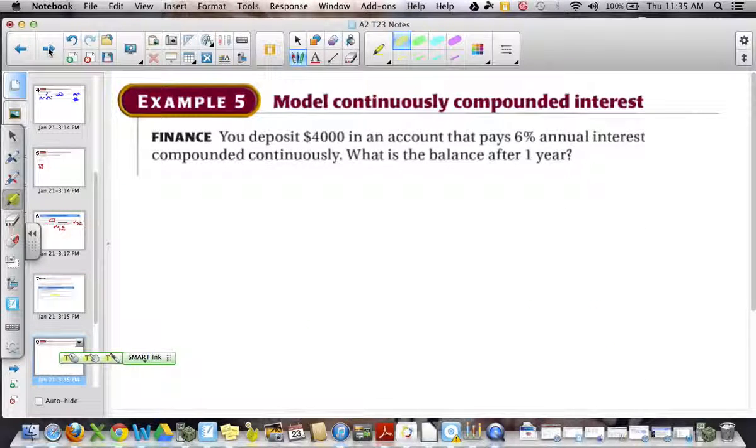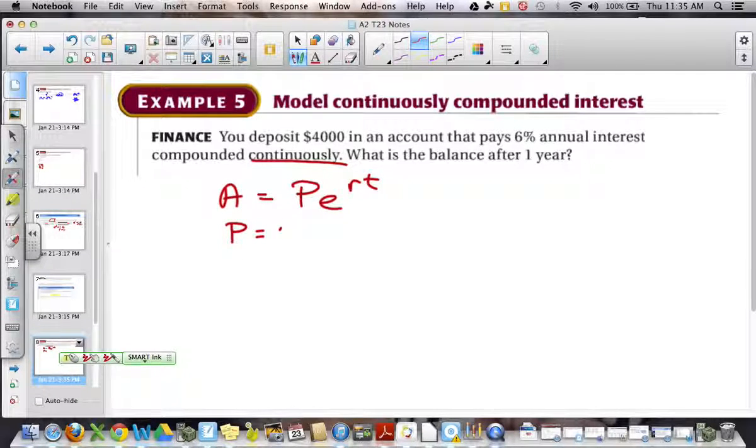All right, so some examples of using this. If we deposit $4,000 in an account that pays 6% annual interest, compounded continuously. Again, that's the word that we're looking for here that tells us we need to use e, the natural base. We want to know the balance after 1 year. So we have A equals P times e to the rt. P is 4,000, the initial investment. r is 6%, so 0.06, and we want after 1 year, so t is equal to 1.